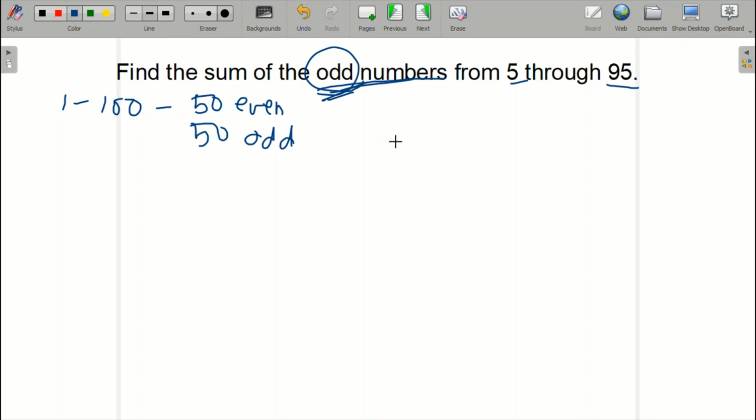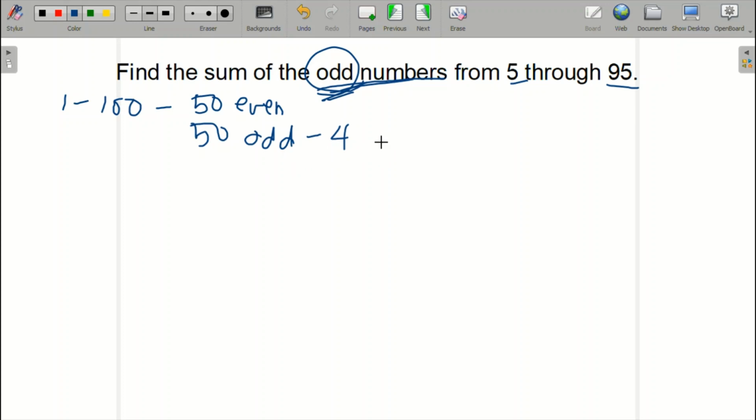So what are the odd numbers that are not included here? 1, 3, 97, and 99. There are 4 odd numbers that are not included here, so we're just going to subtract 4 in odd numbers.